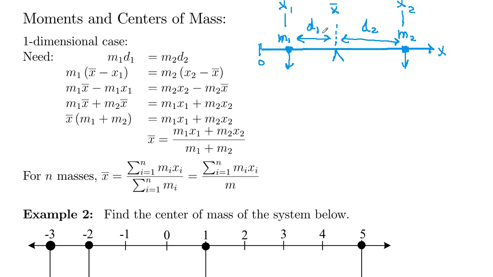Then the law of the lever, this distance d1 is going to be x bar minus x1, right minus left, and then distance d2 is x2 minus x bar, right minus left here. And then we can multiply these guys out. And we get m1 x bar minus m1 x1 is m2 x2 minus m2 x bar. So that's just distributive property.